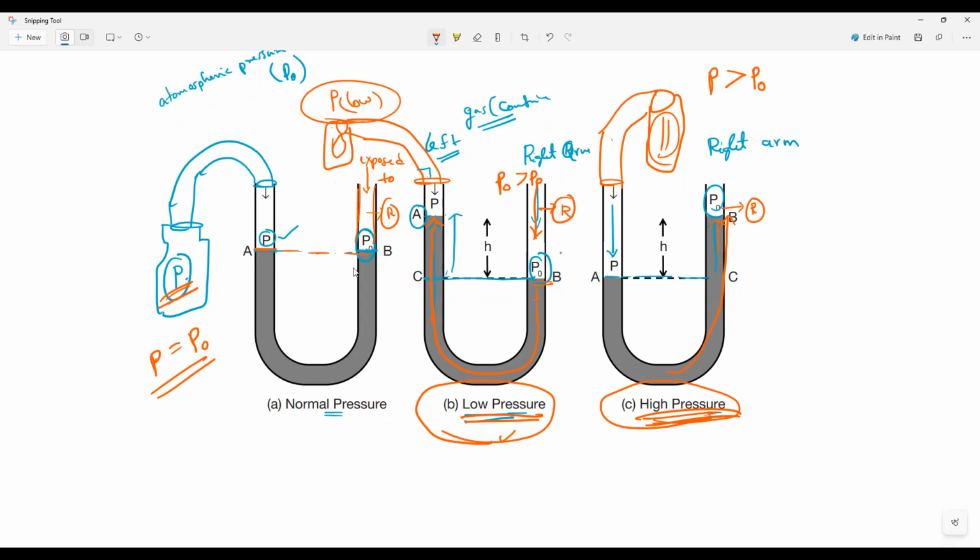All of you observe. Let me take the pressure at C. What is the meaning of C?